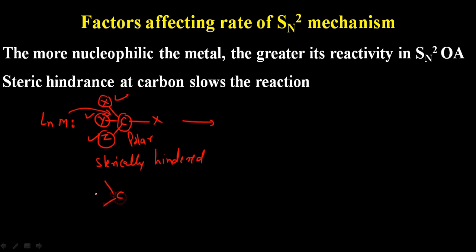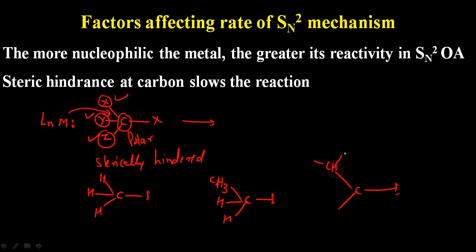So by considering the example, methyl iodide will undergo SN2 reactions at a faster rate as compared to ethyl iodide, which in comparison will undergo better nucleophilic attack than when the substituent is isopropyl on the carbon atom.